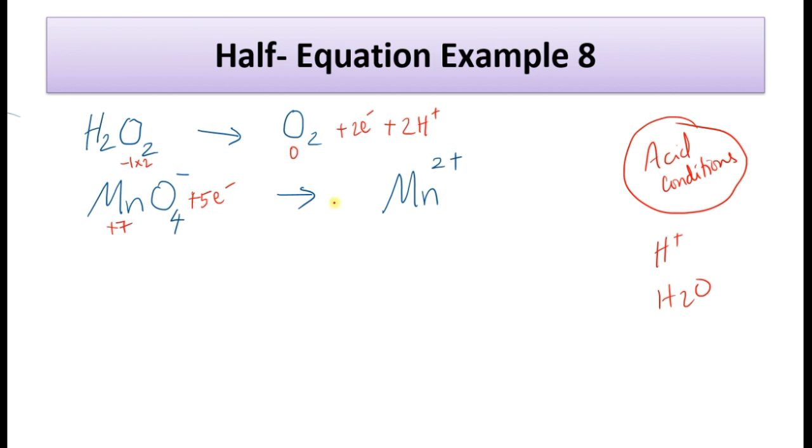So let me try and add 8 H plus, right? Plus this, reason being 8 plus, so plus 8, and you have minus 5, and then you also have this minus 1 here, so that gives you plus 2 on the left hand side and plus 2 on the right hand side.